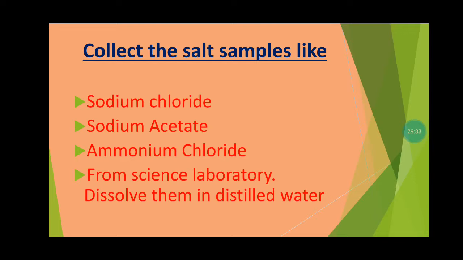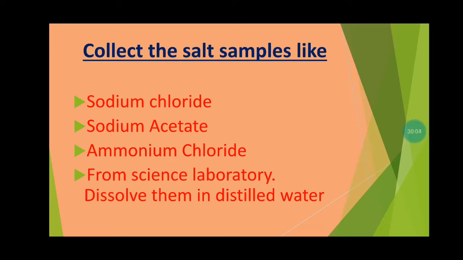When you dissolve the salts in distilled water, they dissociate into ions. What are the ions formed here? Sodium chloride gives sodium ions and chloride ions. Sodium acetate gives sodium ions and acetate ions. Ammonium chloride gives ammonium ions and chloride ions.